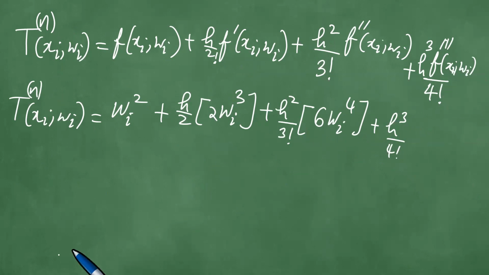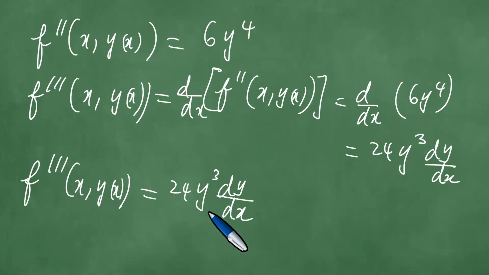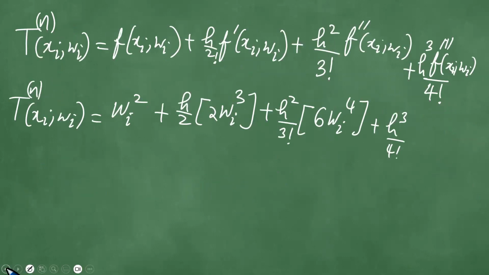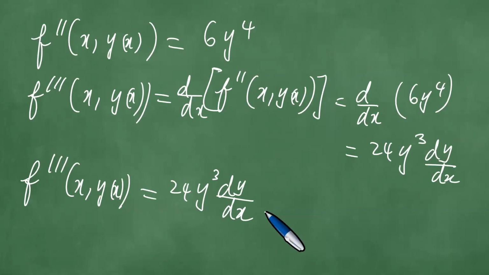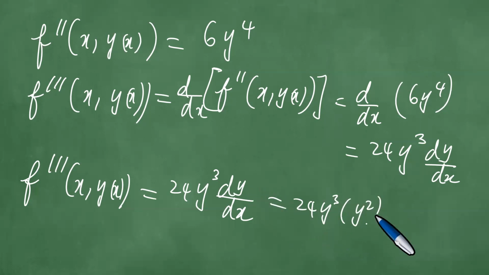What is the third derivative? F triple primed is this. We can simplify this one because we don't want the derivatives to appear there. The dy dx we already know is y squared.